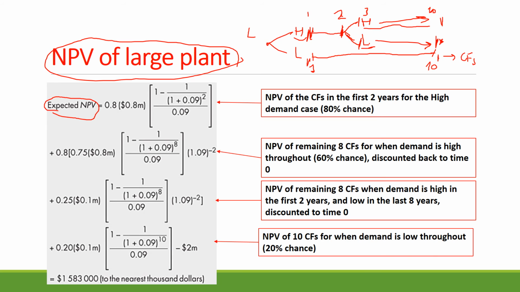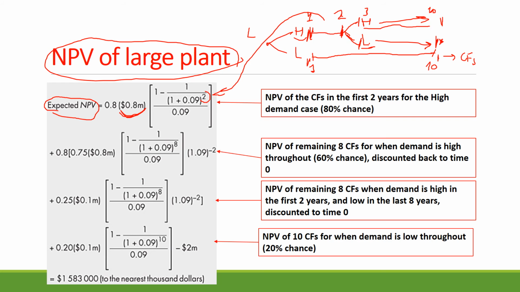So with the first bit over here, we have 2 cash flows for year 1 and year 2 for the high scenario. If there is high demand, our annual cash flow is $0.8 million, right, for the large plant.